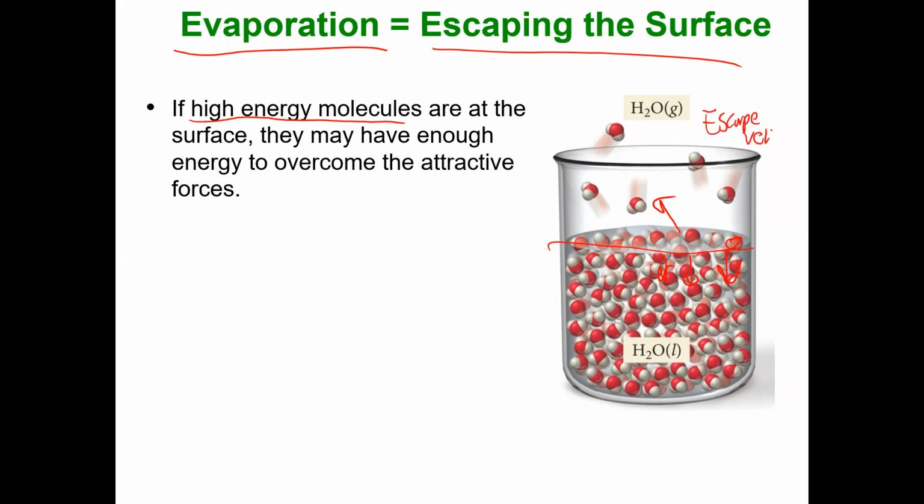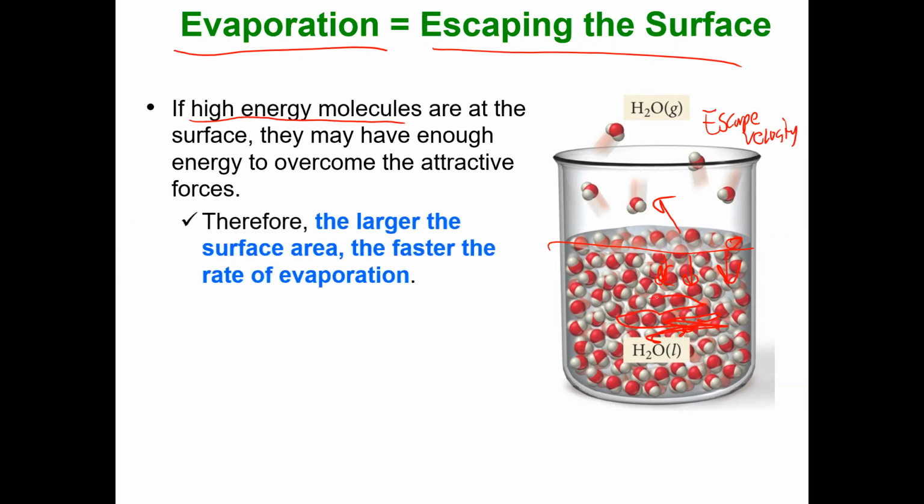To reach that escape velocity, you need to be moving fast and you have to be at the surface to overcome that downward pull. The ones in the middle can't escape, even if they're moving fast enough, because there are too many molecules in the way. So the larger the surface area, the faster the rate of evaporation.